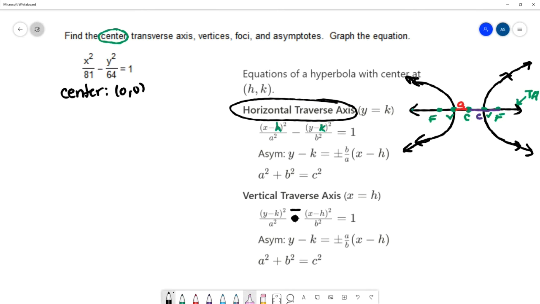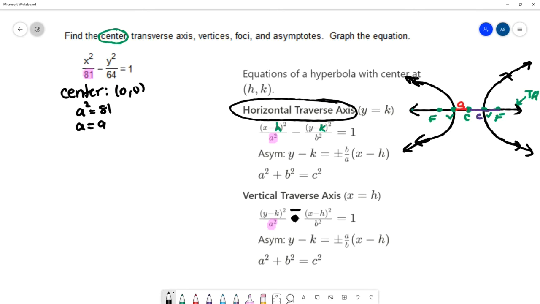So I know in my equation A is always going to be underneath your positive term. So I can use this 81 here to figure out what A is. I know that A squared is 81, so that means that A is going to be 9.